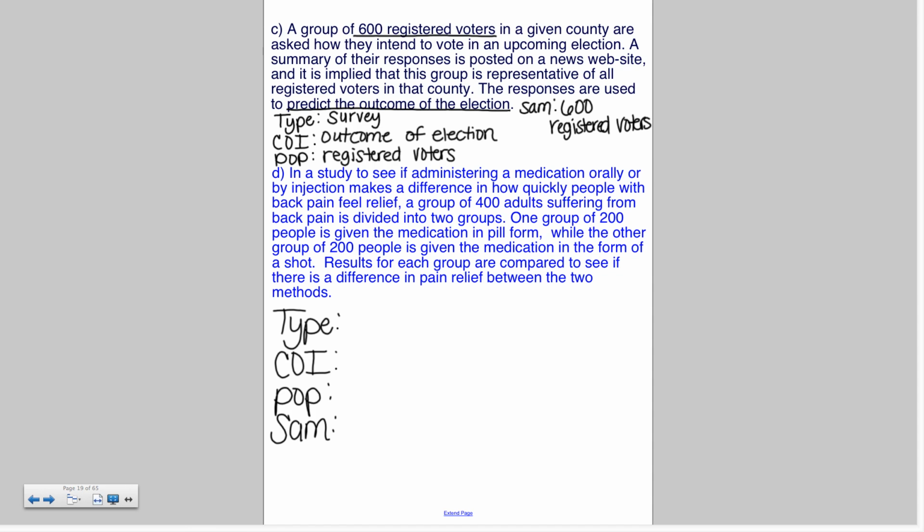So, my characteristic of interest is going to be injected or orally taken medicine, which is better. Or works faster, however you want to write that. Okay?